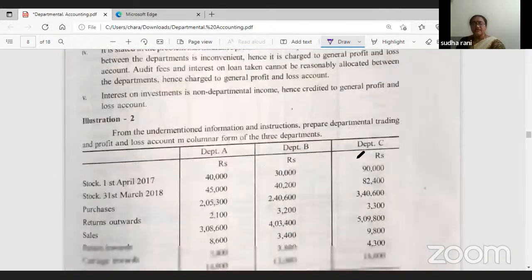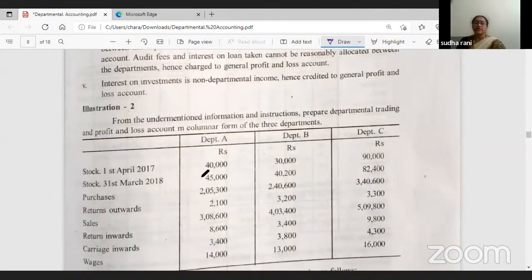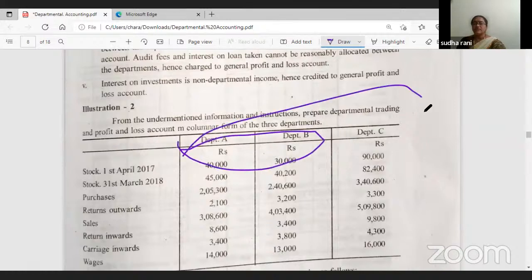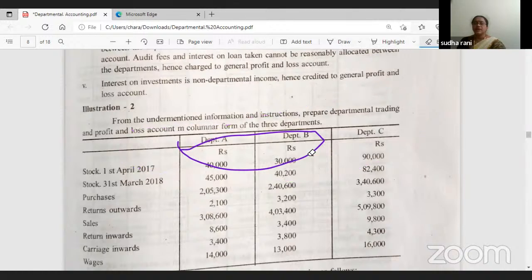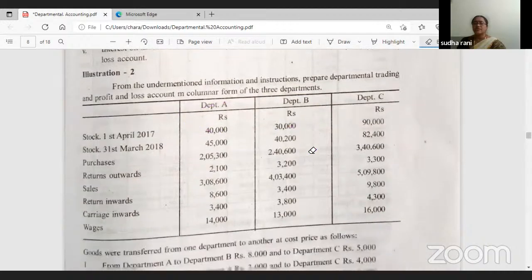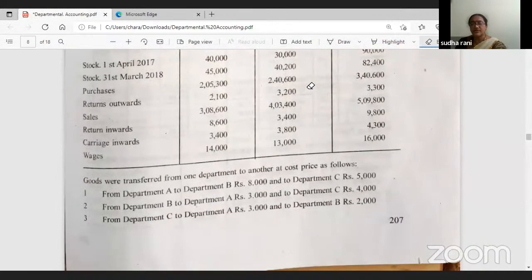Departmental accounts in columnar form will be given to you, whether it is two departments or three departments. You are supposed to do it in the same manner. Depending on the number of departments, you will apportion the expenses and prepare the trading and profit and loss account.